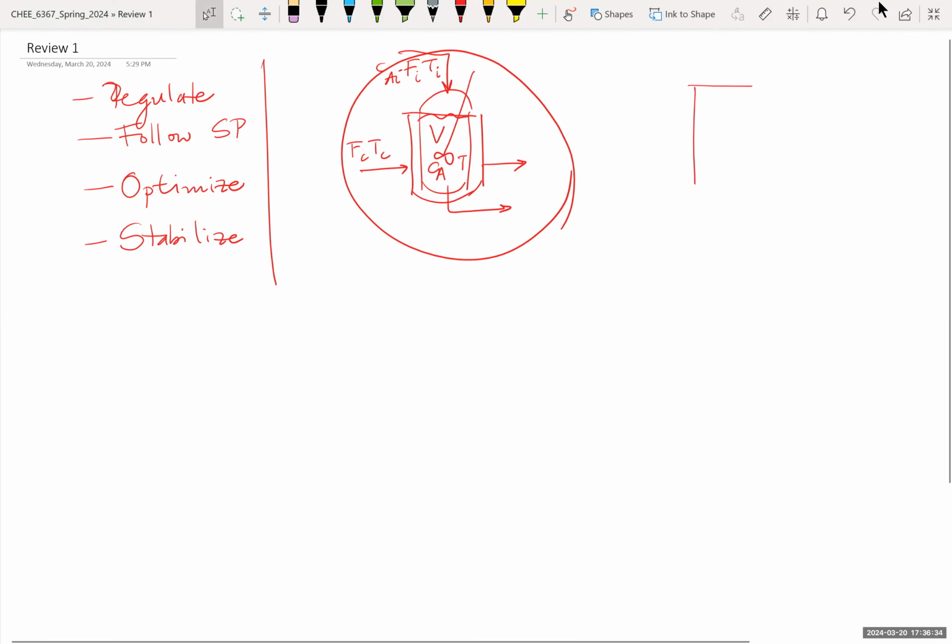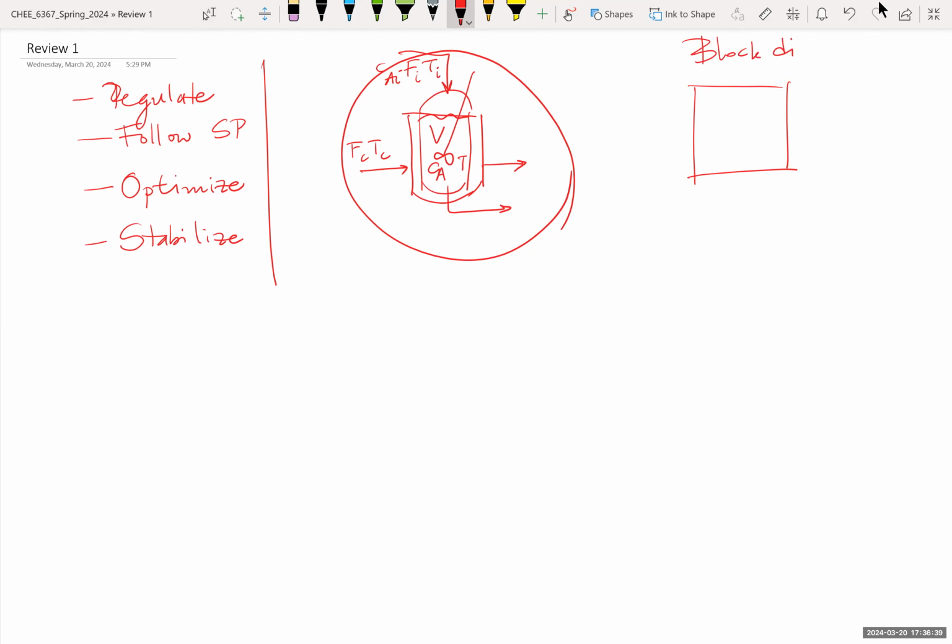By contrast, you may create a block diagram where every arrow is a signal. So you may have an inlet concentration and inlet flow rate and inlet temperature. And if you put a valve here, for example, so that you can manipulate that flow rate, the outlet flow rate may be an input, and you may have other inputs like the coolant flow rate, the coolant temperature, and so forth.